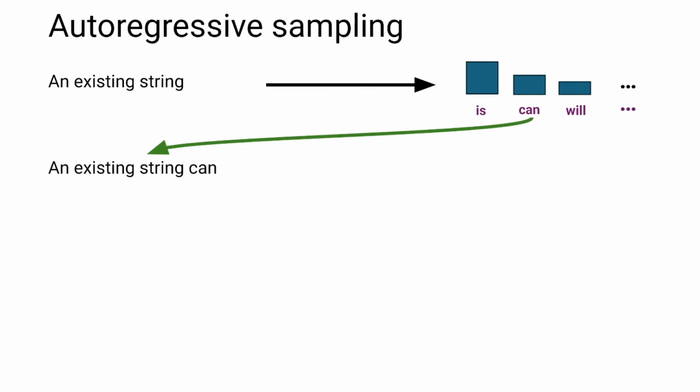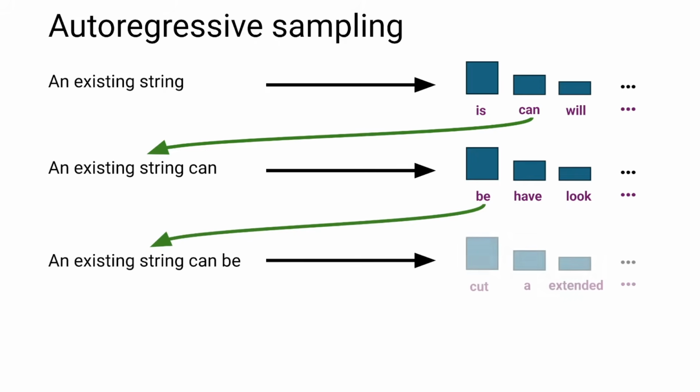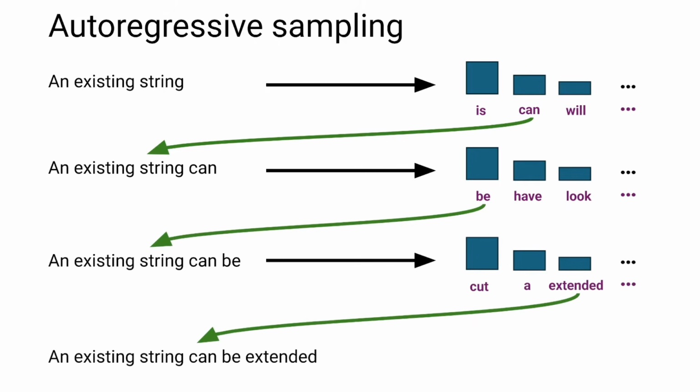And then I'm going to take that next token that I've sampled and append it to the end of the string that I've got, and I've got this new string, an existing string can. Feed that in, I get probabilities over next tokens, sample from this distribution, append, feed in, sample, append, and I keep going like that. This makes sense?